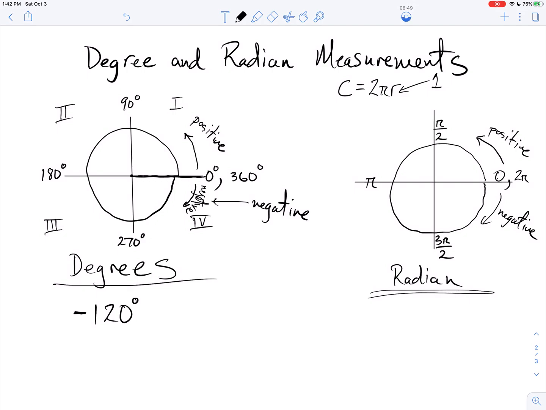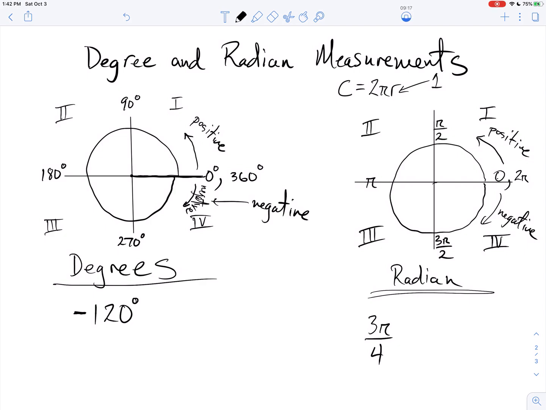So if I asked you, can you draw me a 3 pi fourths angle? And you might say, God, 3 pi fourths? That's a weird sounding angle measurement. Yeah, but think about it. It would put me in which quadrant? Because once again, we don't change the names of the stuff we've already determined. These are still called my 4 quadrants. We still use Roman numerals to describe them.